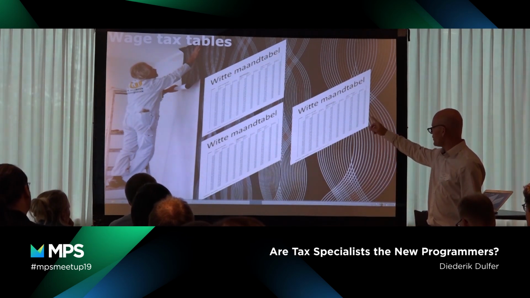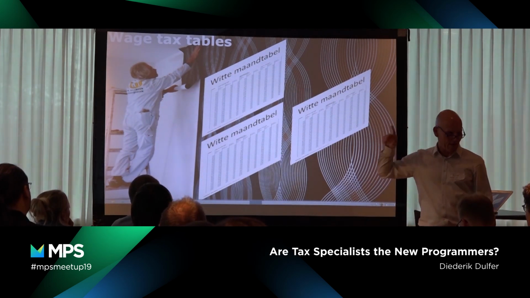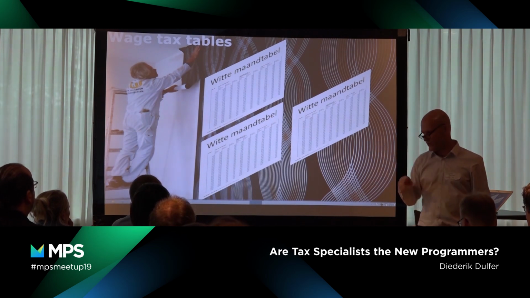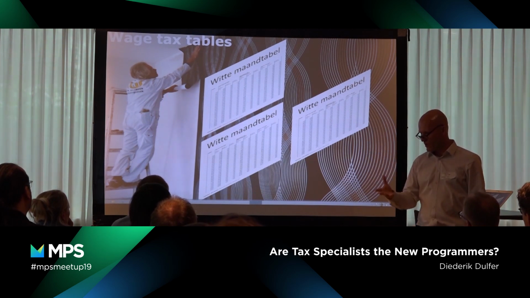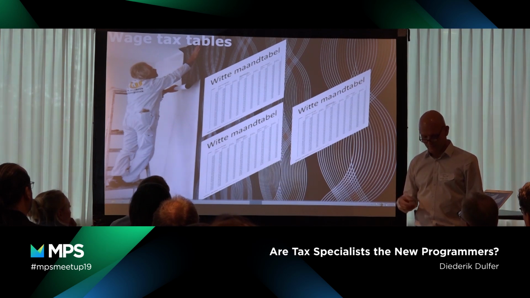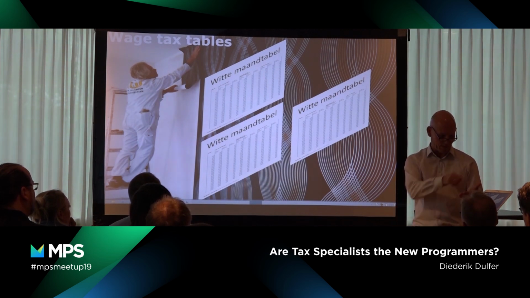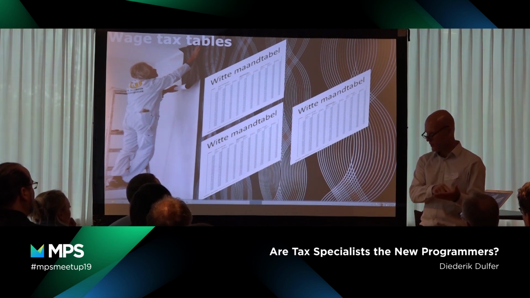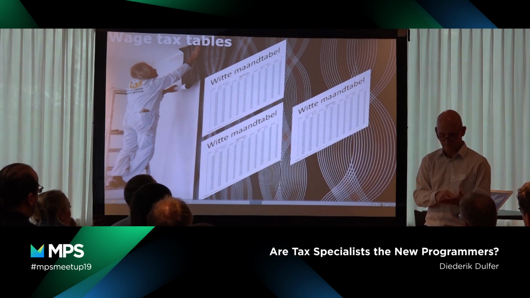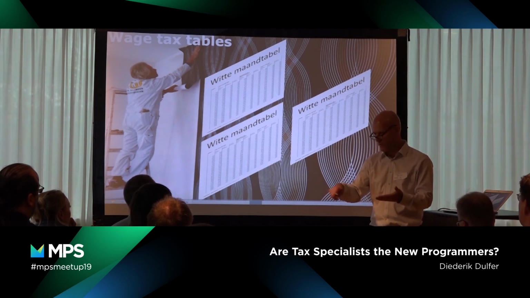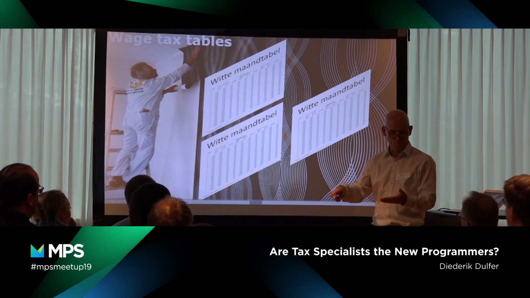So it's about wage tax tables. In the early days, people who wrote paychecks had to look at this table and go to the line of the income of a certain person, the amount that he paid, and then you can see how much tax needs to be transferred to the tax department.